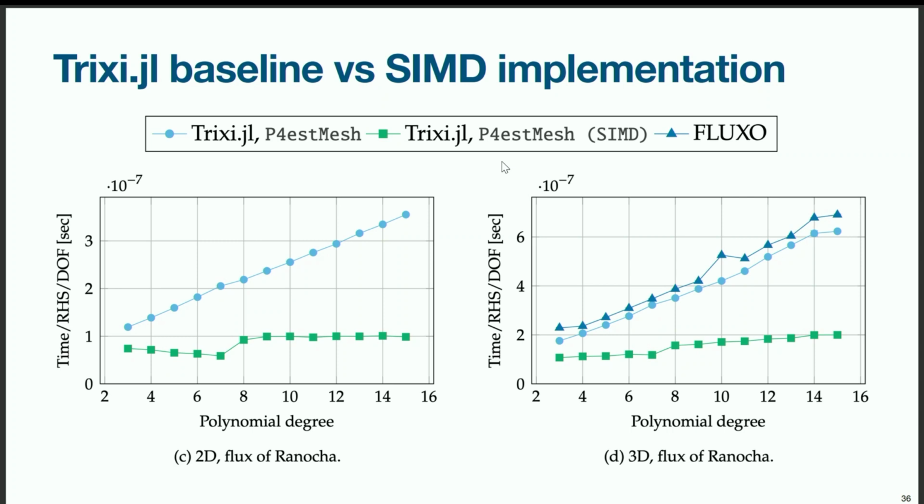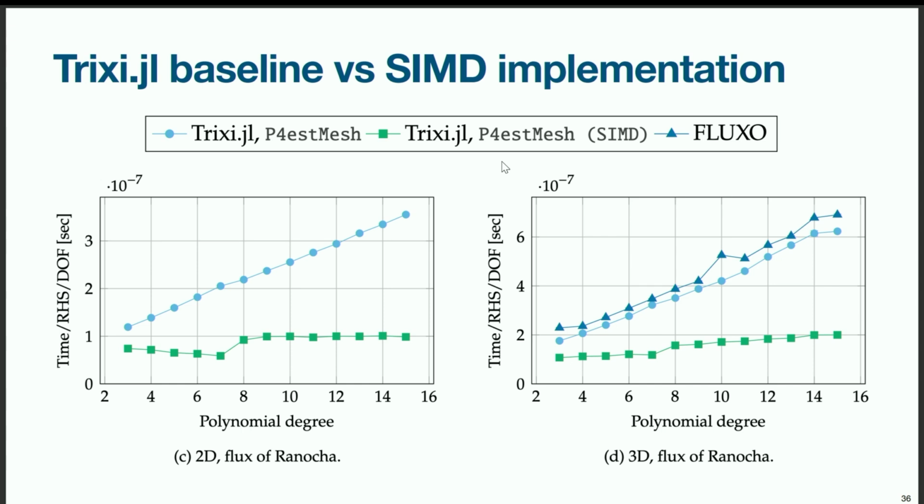This is the performance index for our previously optimized serial code in both 2D and in 3D for a couple different mesh types. And when you apply vectorization, when you apply this auto vectorizer, after doing all the work necessary to restructure the code so that it's amenable to vectorization, you end up getting this incredibly flat curve.